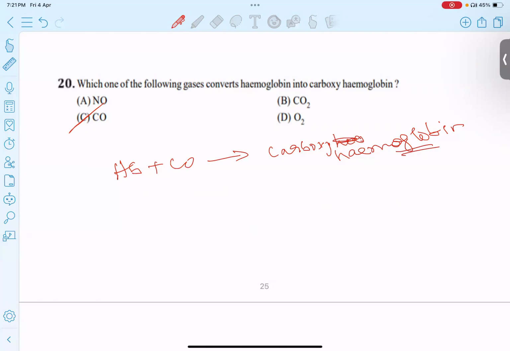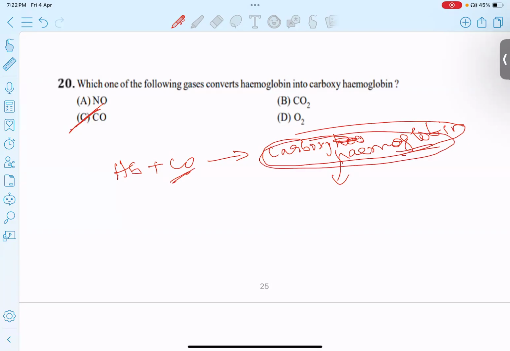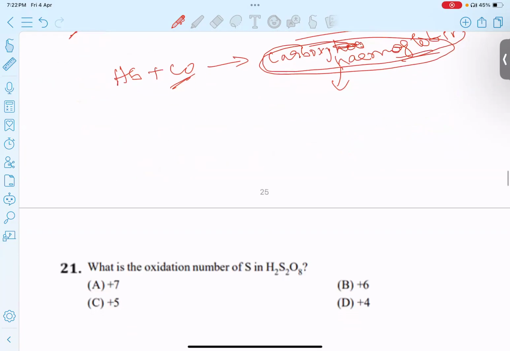It is a direct question. Option C is correct, carbon monoxide. It is a highly stable compound and decreases the oxygen carrying capacity of the hemoglobin. So option C is correct.